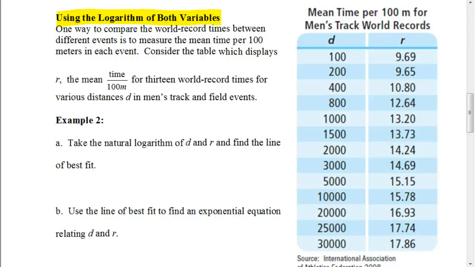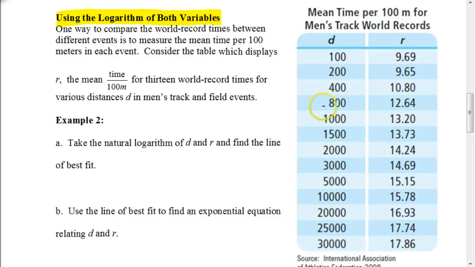While you're doing that, let me just explain what this information is about. This is one way to compare the world record times between different events by measuring the mean time per 100 meters in each event. So for example, looking at this data here, this first number, 100, represents a 100-meter race. Well, for the world record holder, the average time there would be 9.69 seconds per 100 meters.